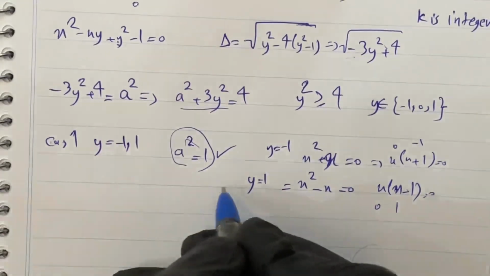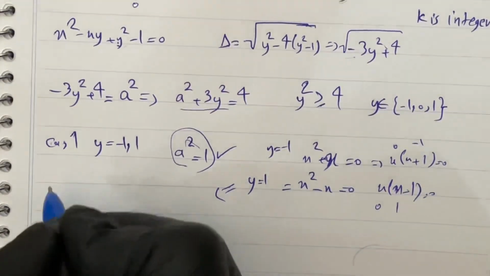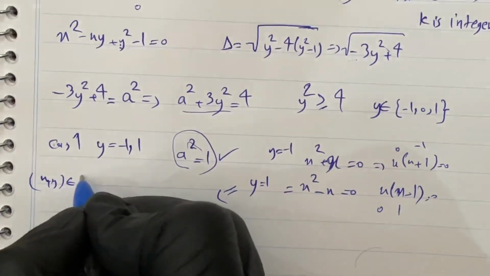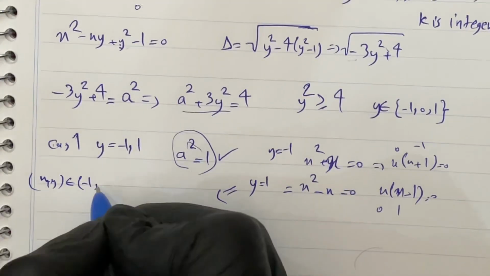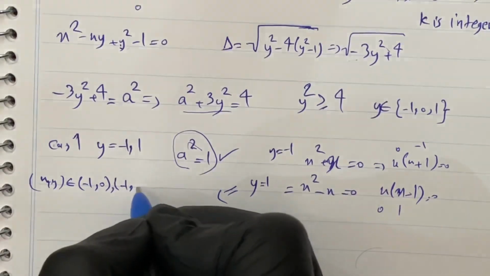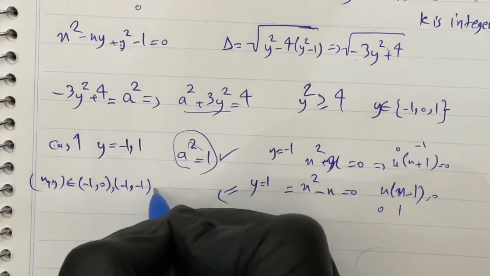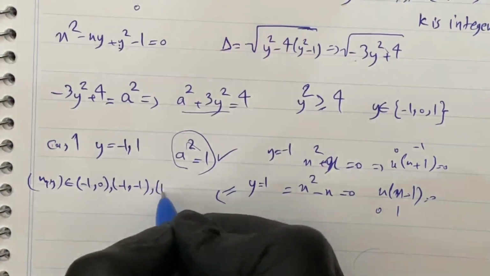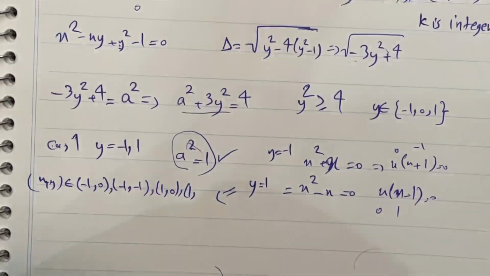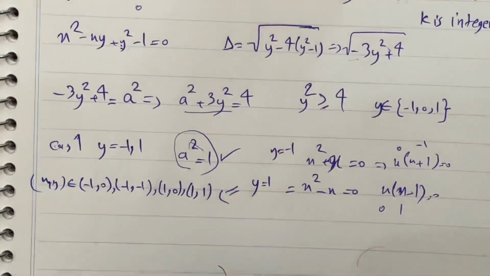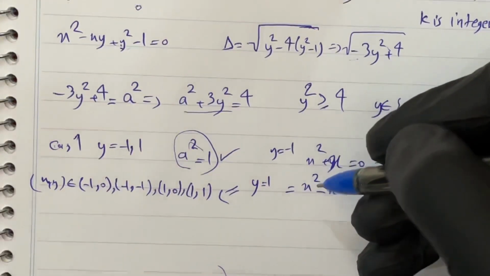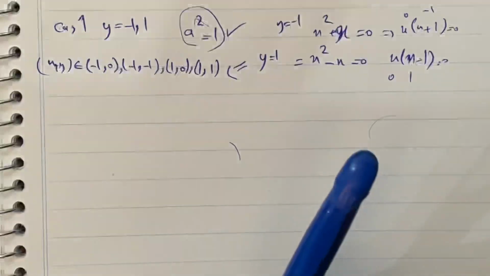So our set of answers (x, y) would be (negative 1, negative 1), (0, negative 1), (1, 1), and (0, 1).